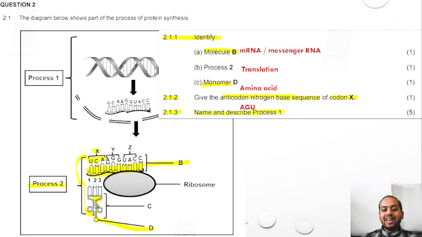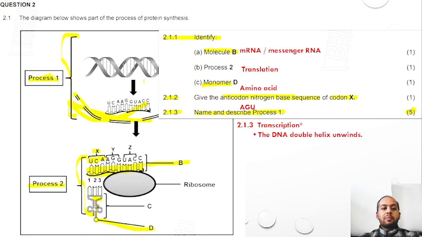2.1.3, name and describe process 1, for 5 marks. Here we have process 1 occurring inside the nucleus. Process 1 is the process of transcription. So you name transcription, because you first need to name and then describe the process.